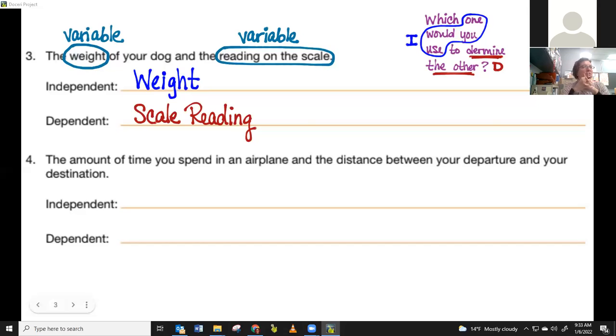All right, next one. The amount of time you spend in an airplane and the distance between your departure, where you started, and your destination, where you're going. What are the two variables here? Time in the airplane, yep.